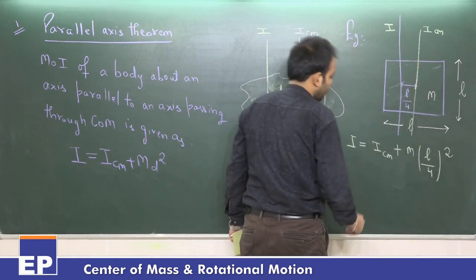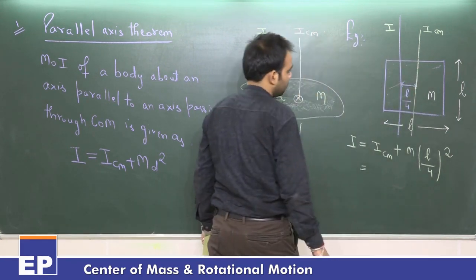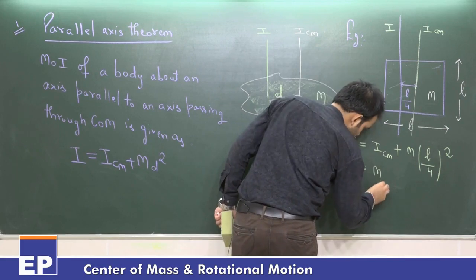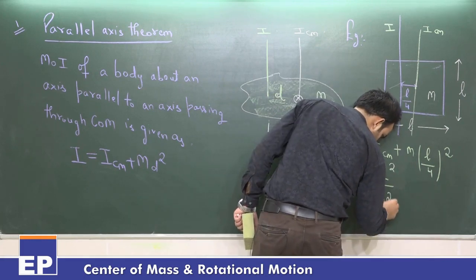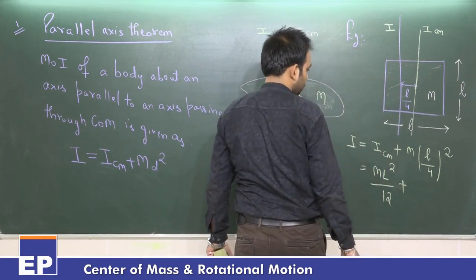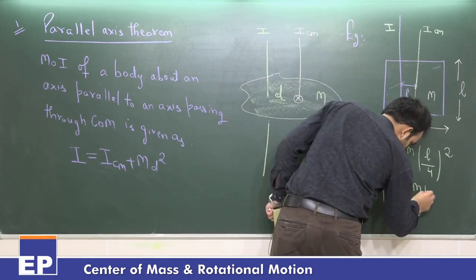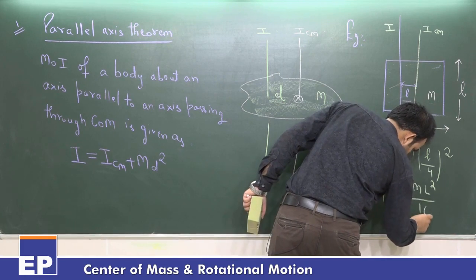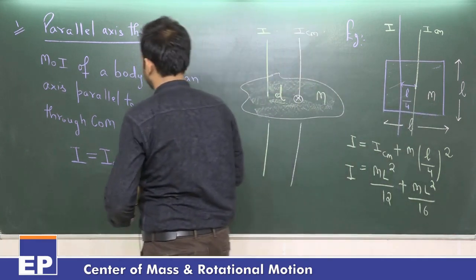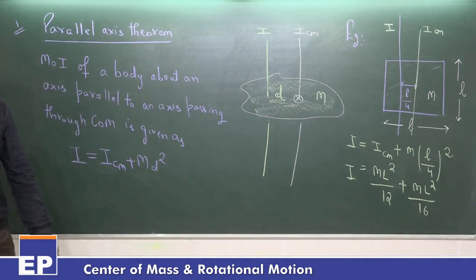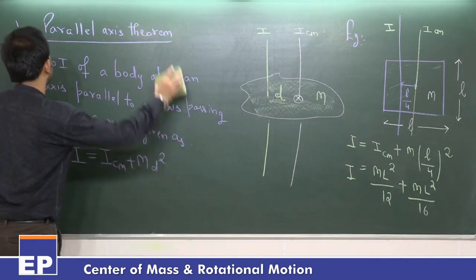Now what is ICM? M L square by 12 plus M L square by 16. So this is I, moment of inertia about it, right? So this is the thing.